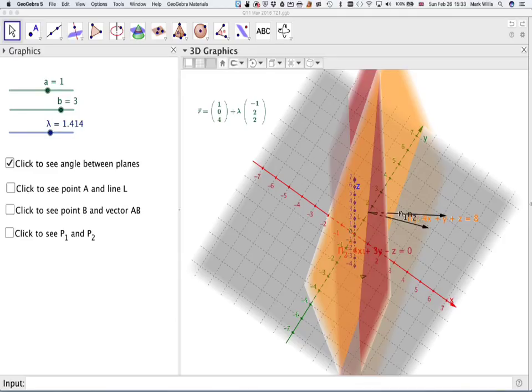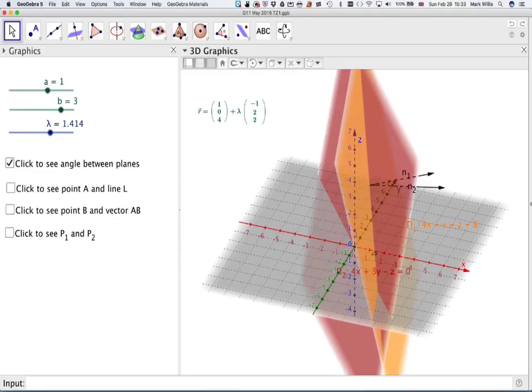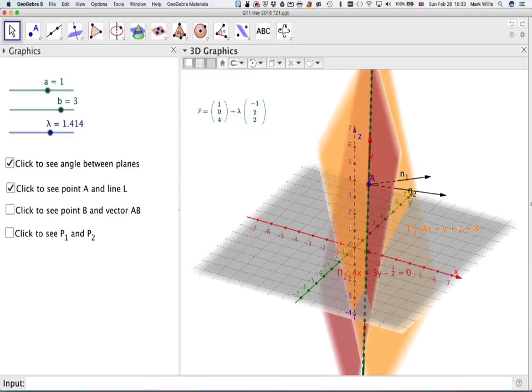Okay, going to this, let's just put it in a reasonable way. If we click here now, what we see is a little red vector. That's the vector v. There's the two normals, and this is the directional vector. This is the vector equation of the line where the two planes meet.